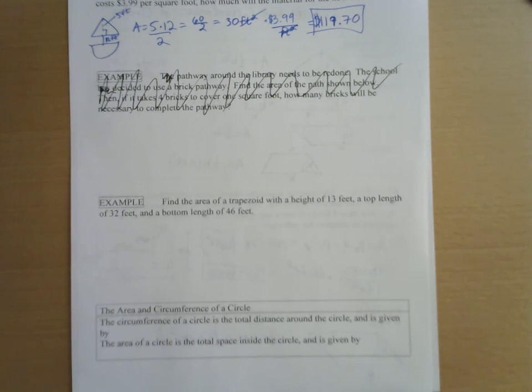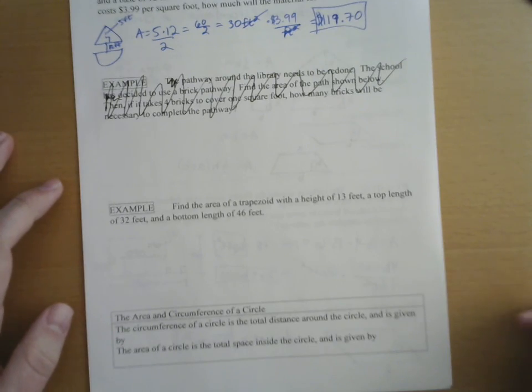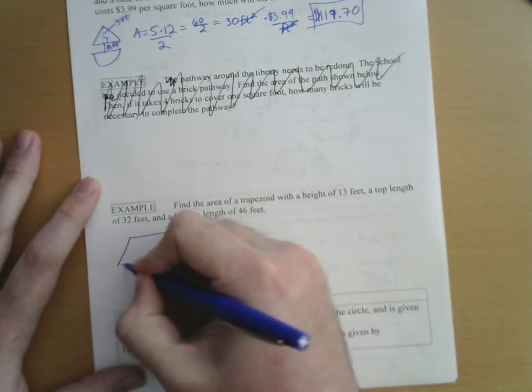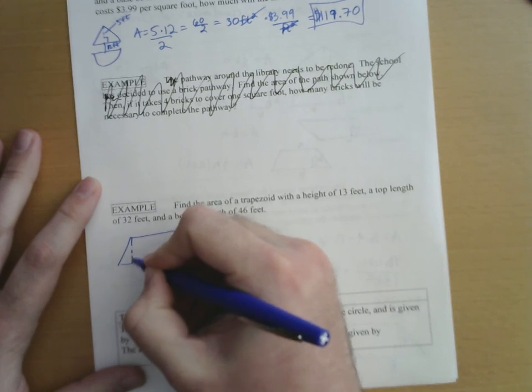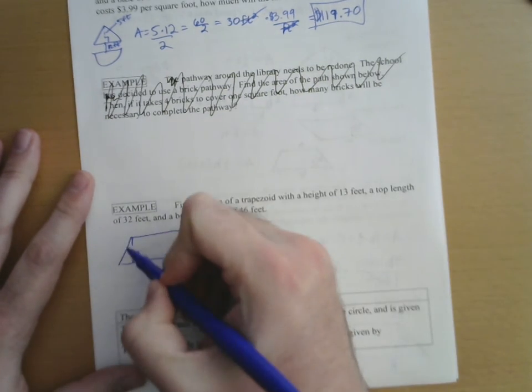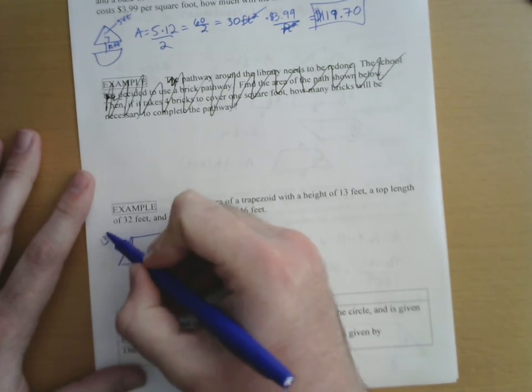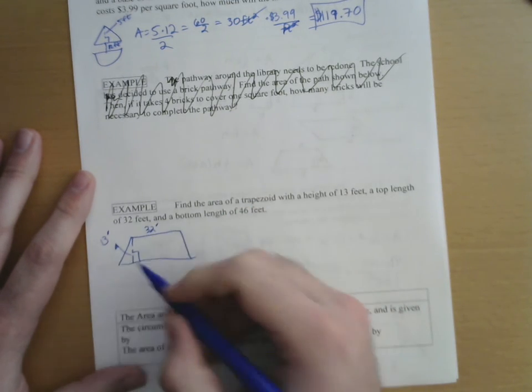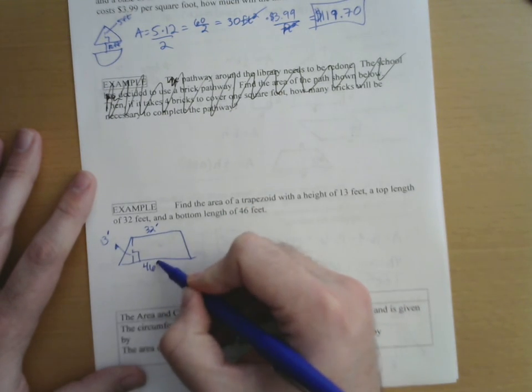So the next one we have is find the area of a trapezoid with a height of 13 feet, a top length of 32 feet, and a bottom length of 46 feet. So I draw myself a little trapezoid here. They've told me that this right here is 13 feet. The top length is 32 feet. The bottom length is 46 feet.